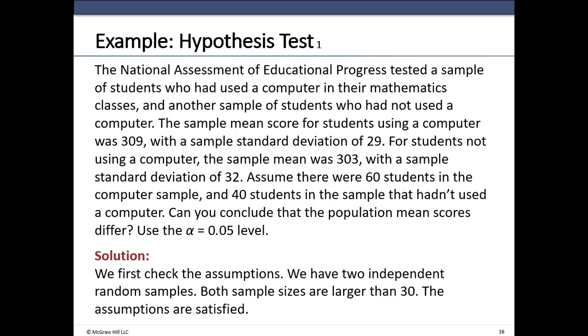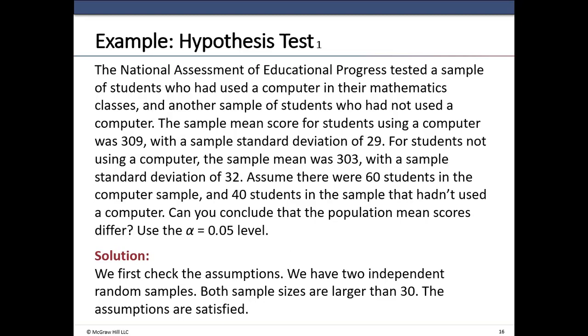Sx1 is 29. n1, the sample size of the group using a computer, is 60. x2 bar is 303. Sx2 is 32. And n2 is 40. Our alternate is mu1 not equal to mu2.